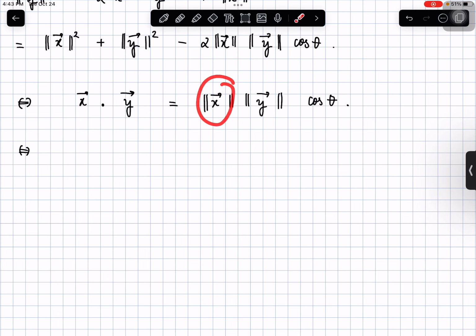That means the lengths are non-zero, right? Therefore, we can divide both sides by the two non-zero numbers, which gives us cosine of theta is x dot y over norm of x times norm of y.